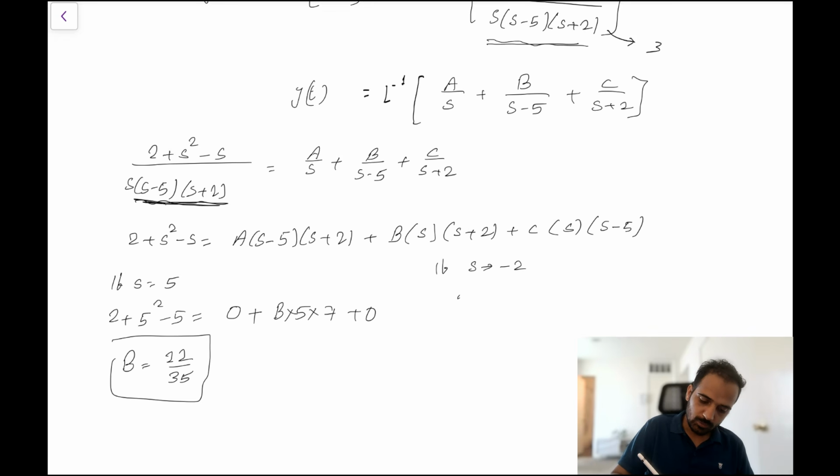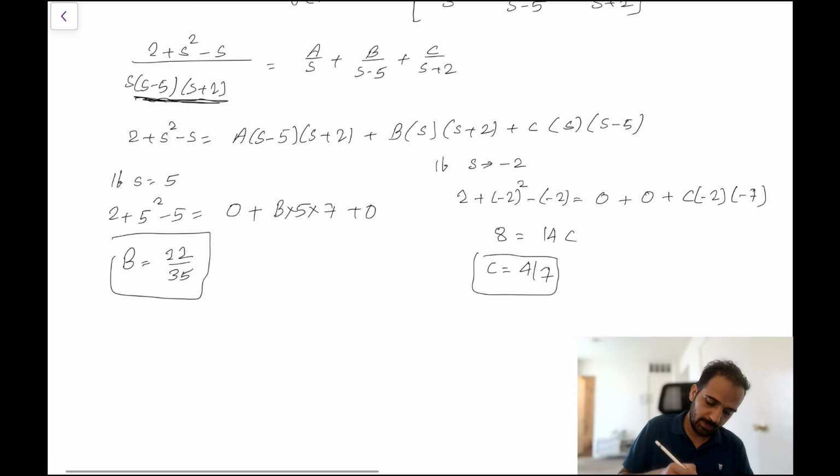Then 2 plus (minus 2) square minus (minus 2), the first term will be 0, the second term will also be 0, the third will be C times (minus 2)(minus 7). So this ends up with 2 plus 4 plus 2, that's 8, equals 14C. That means C will be 4 by 7.